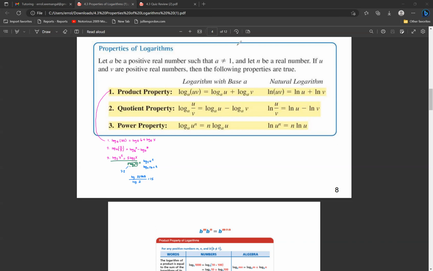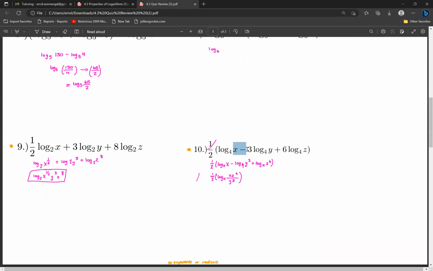Let's go back. You're talking about number 10, was it? You're talking about this one right here, right? Yes. All right, so let's rewrite that so we can look at it in a different way. This is the same thing as half. Let's put these two together because they're both addition, right? Rewrite this: half log 4x plus 6 log 4z.